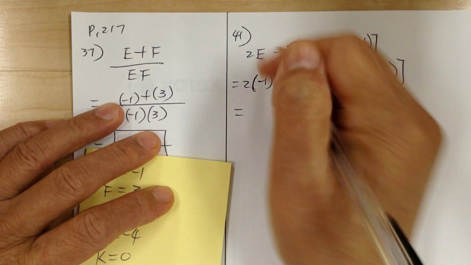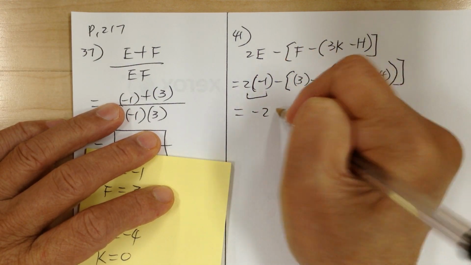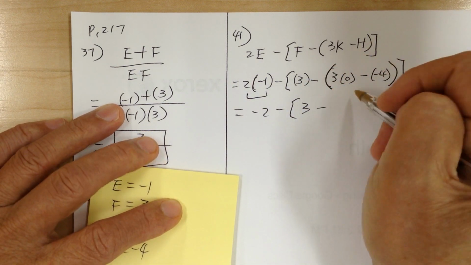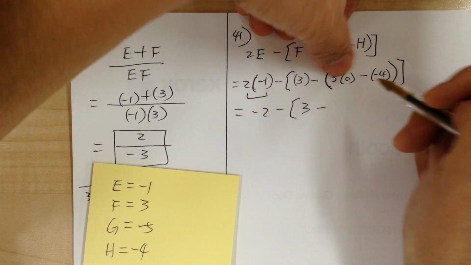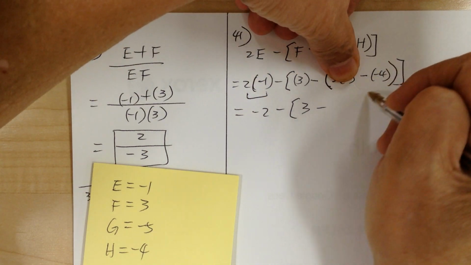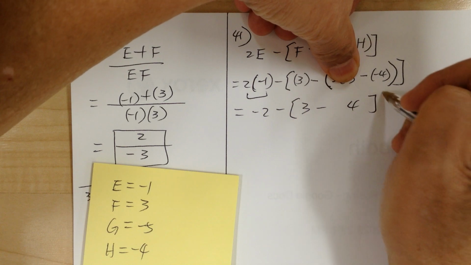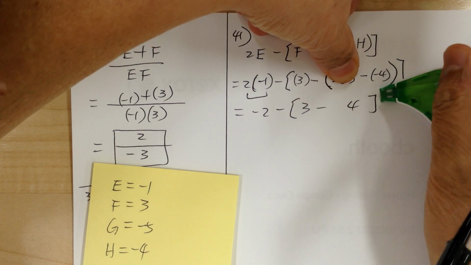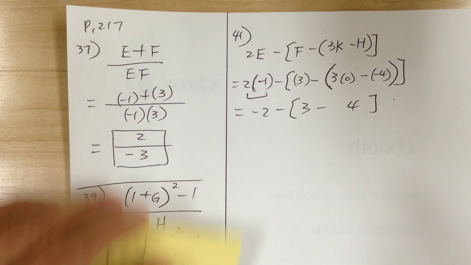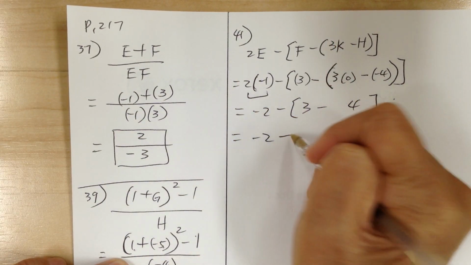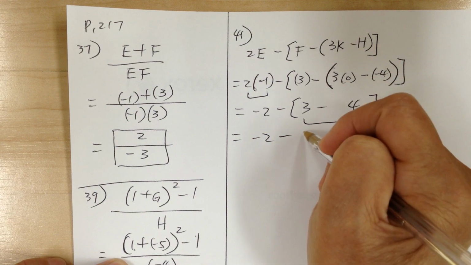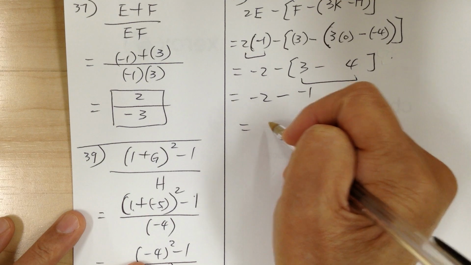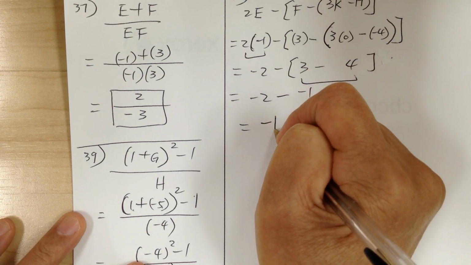First let's get rid of all the parentheses. So it's -2 minus, this would be 3 minus. 3 times 0 is 0, so it would be just minus, and this would be +4. Next step, let's get the bracket. So this will give me -1. And this becomes +1, so it becomes -1.